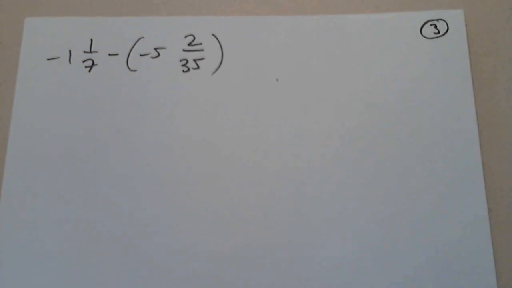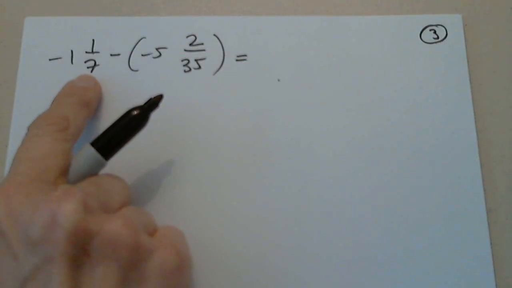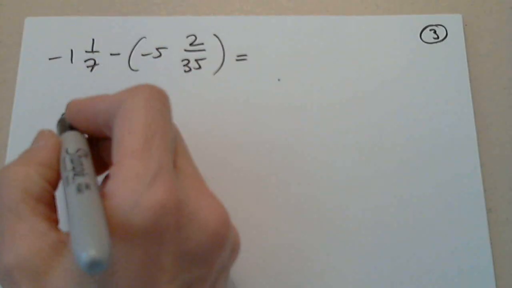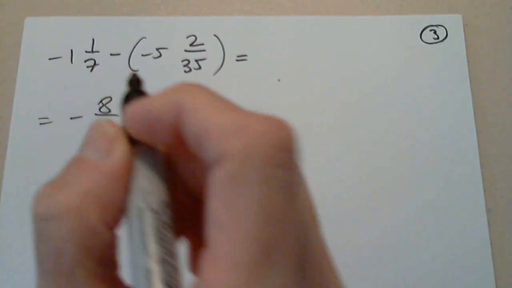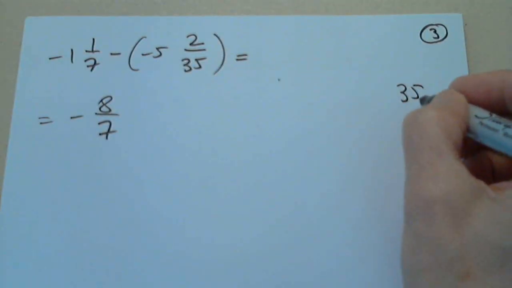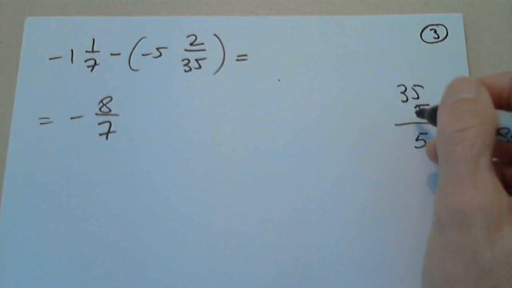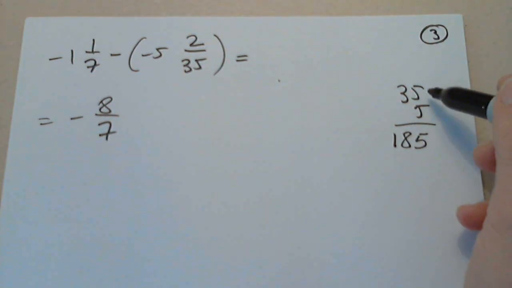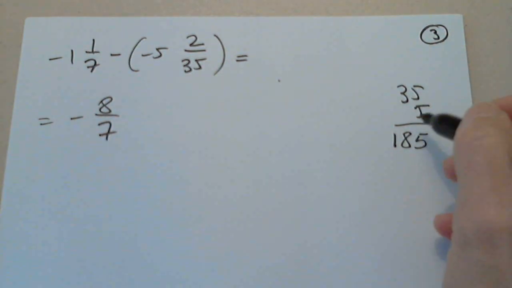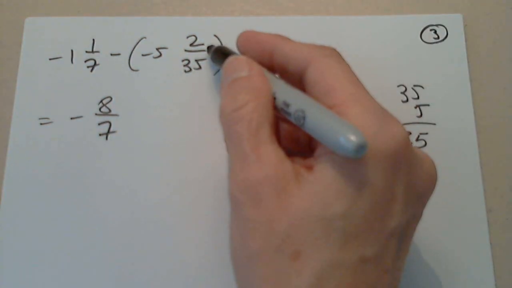Okay. So let's say we put the integers in. 1 times 7 is 7. 7 plus 1 is 8. So this is -8 over 7. 5 times 35. So 35 times 5. I think it's 175, and I have to add the 2.